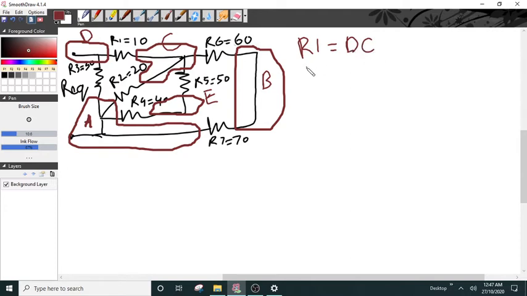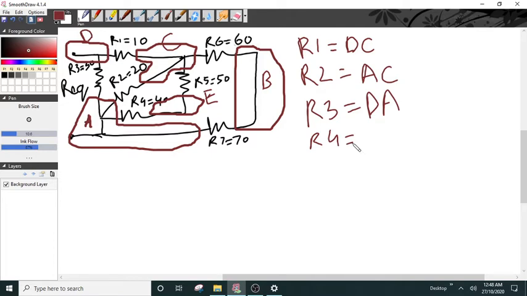Then we have R2, connected between node A and node C, so write AC. Then R3, connected between node D and node A, so DA. Then R4, connected between node A and E.